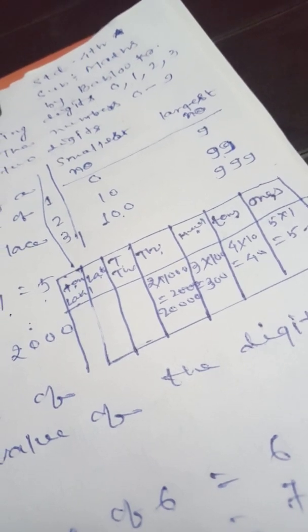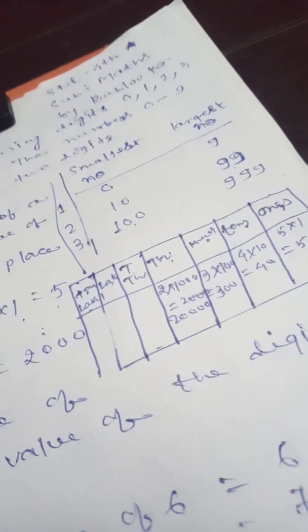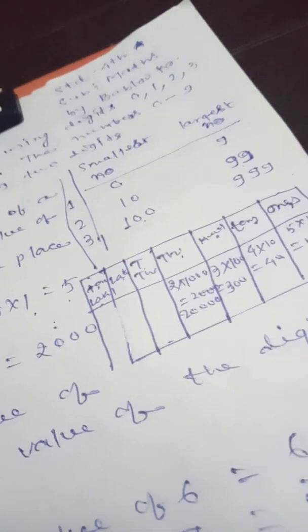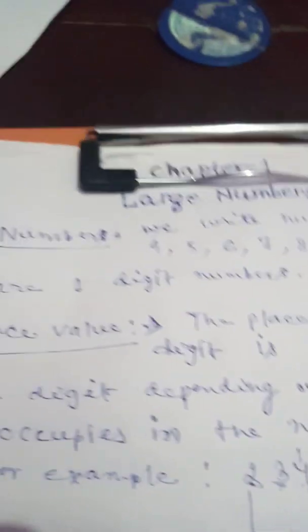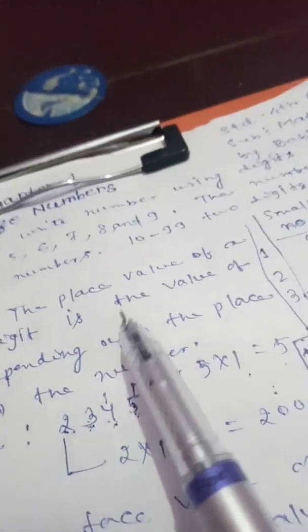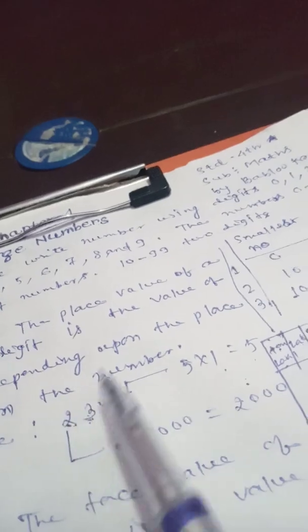Now, moving further, we shall study place value. So what is place value? The place value of a digit is the value of the digit depending upon the place it occupies in the number.